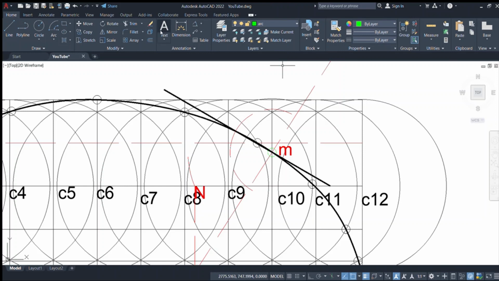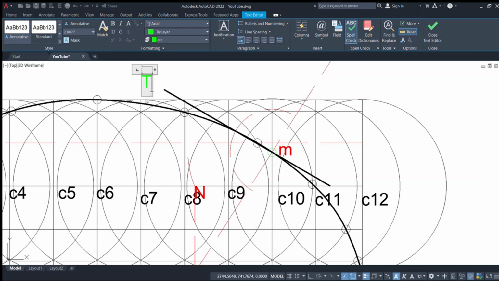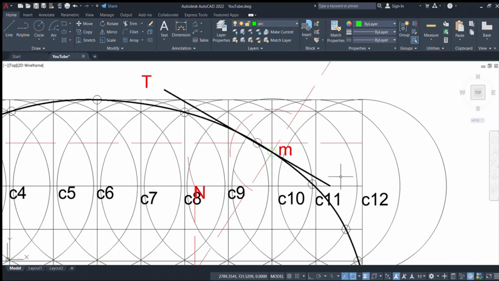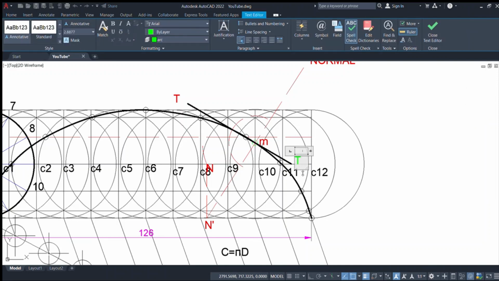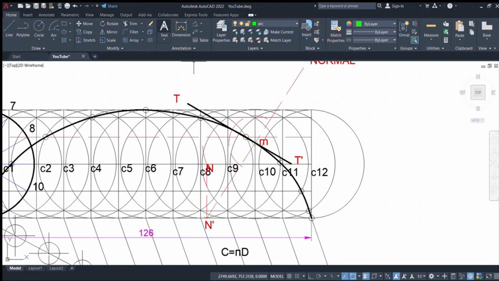Our line here, you can call it line T, and this one we call T dash. So line T dash is the required tangent.